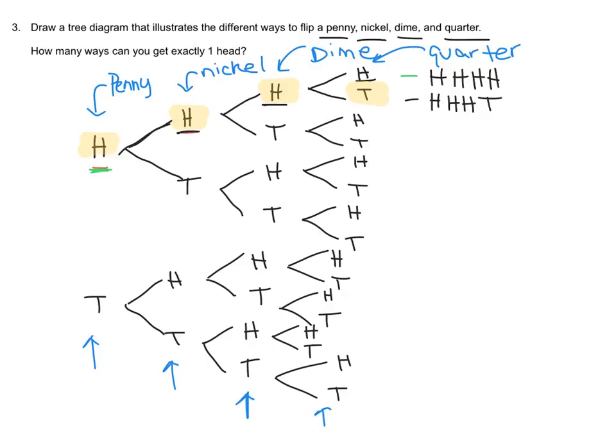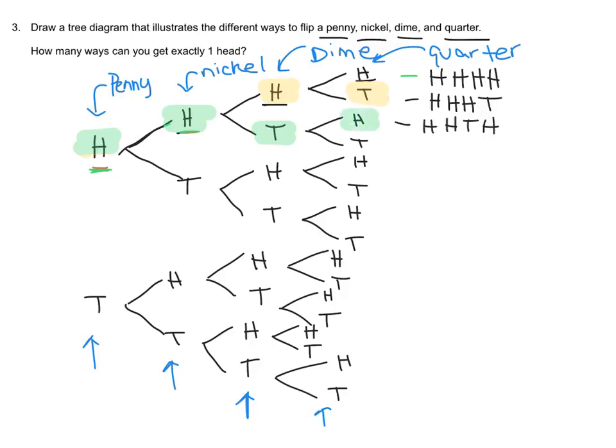Now I'll continue that process. I'm still looking at flipping a head on the penny, so I have an H, then I have an H for the nickel, and now I'm going to go down to the tail for the dime, and then an H for the quarter.